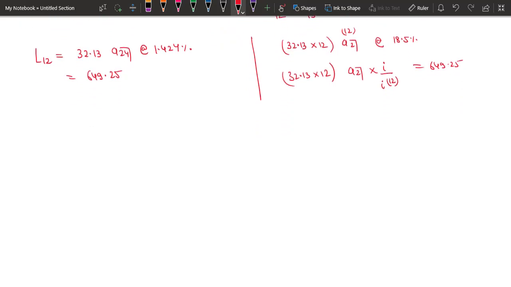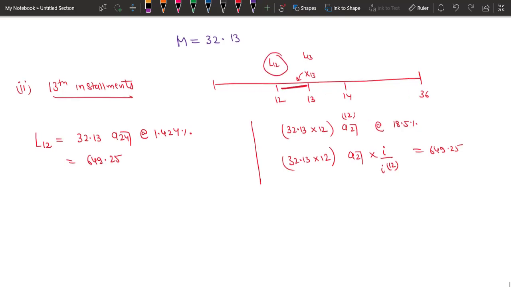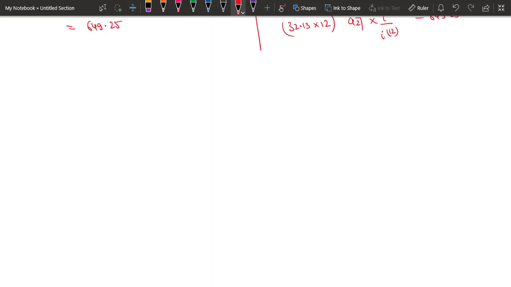Now, to calculate the interest part in this 13th installment, since you have calculated the L12 value, the interest between 12 and 13 will be on amount L12. So the interest in the 13th installment, or D13, will be 649.25 into the interest rate of 1 month, 0.01424.